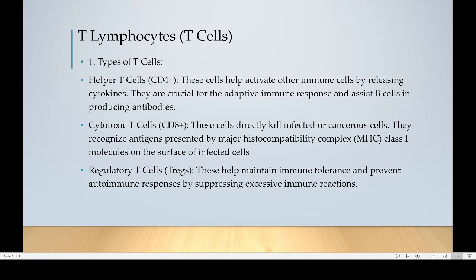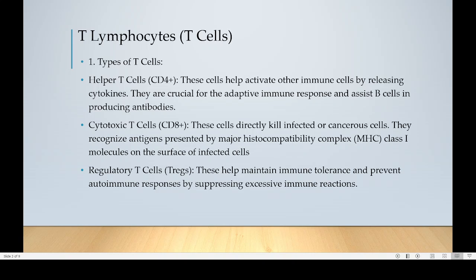These are known by the name MHC class 1 molecule. So most of the time this cytotoxic T cell will be identifying the cancerous cell by attaching with these MHC class 1 molecules on the outer surface of every infected cell or every cancerous cell, we will be finding a molecule like this.